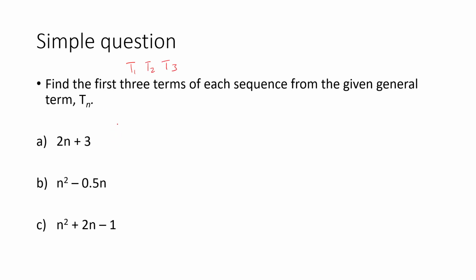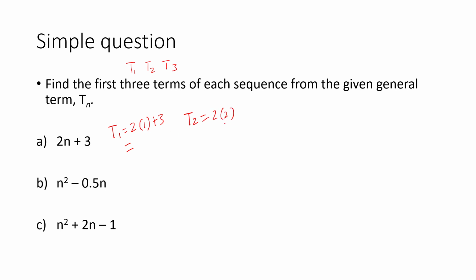So very simple. For this, we just substitute 1 into n. So T1 is equals to 2 times 1 plus 3. So this one will be equals to something, while T2 will be equals to 2 times 2.